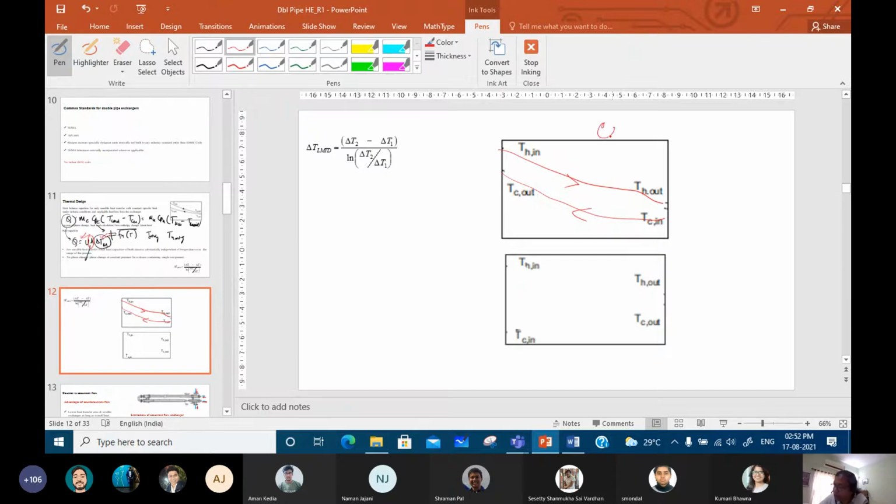For counter current flow, the temperature profiles are like this when we are plotting temperature as a function of distance along the exchanger unit. And when it is a co-current case, then typically it is TH in to TH out, and this is going to be something of this sort, right? This is a co-current case.